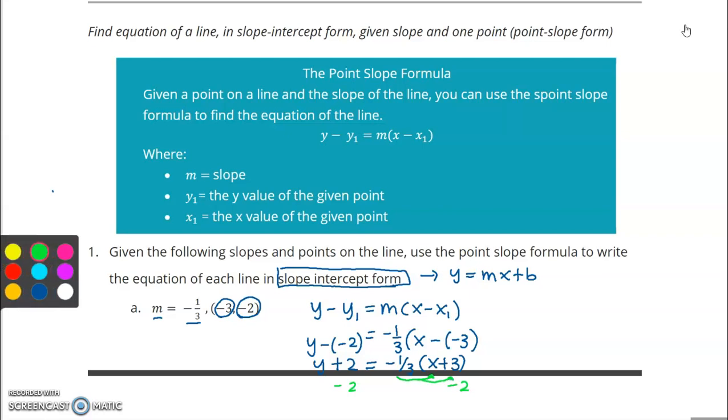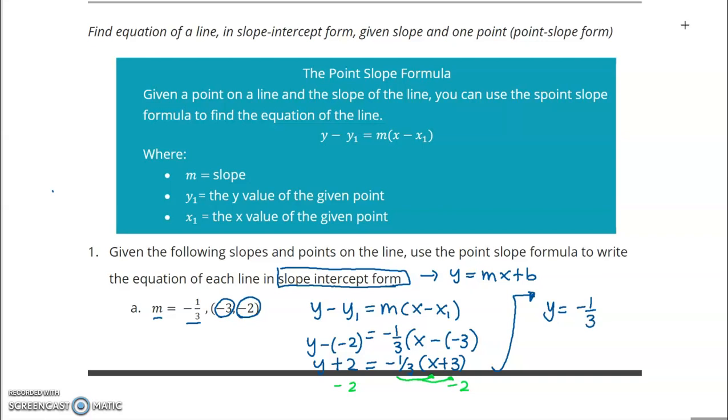So we will have y is equal to negative 1/3, distributing this inside the parentheses, that is equal to negative 1/3 x plus 3 times negative 1/3, and then we would also have minus 2 because we subtracted 2 on both sides of the equation.